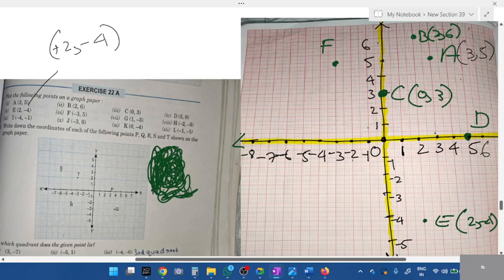Same. Third quadrant. H is minus 2 comma minus 3, students. Third quadrant like this. See, first it goes with the x-axis, then with the y-axis.